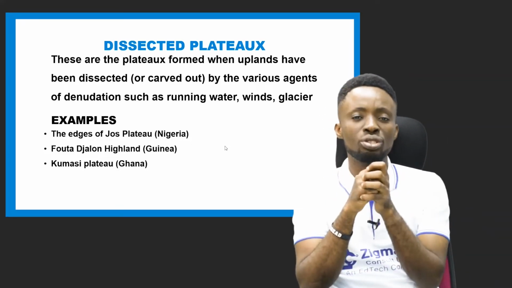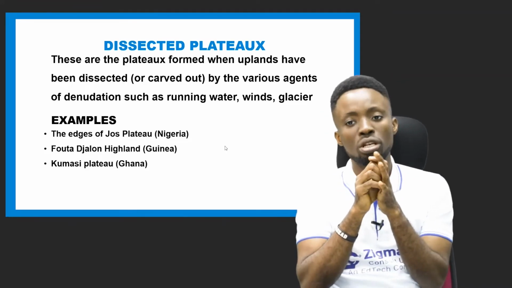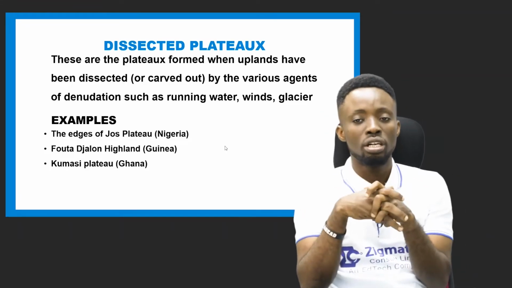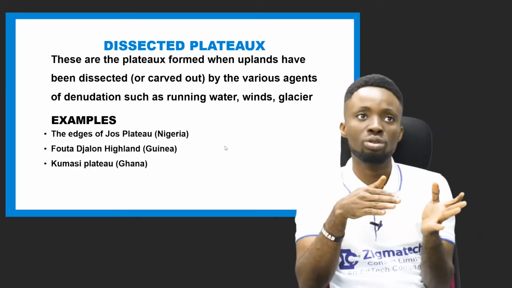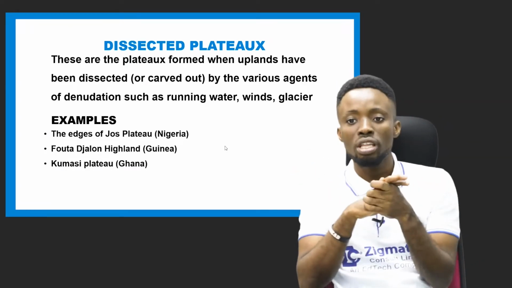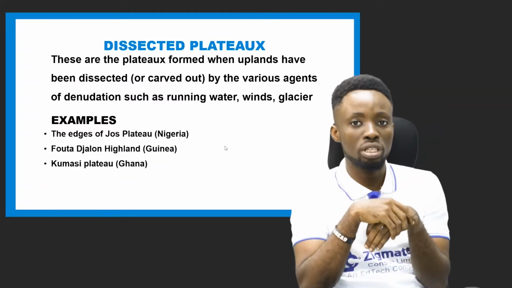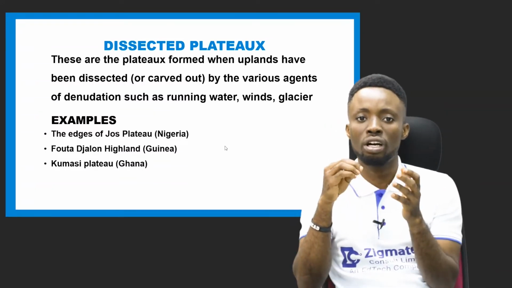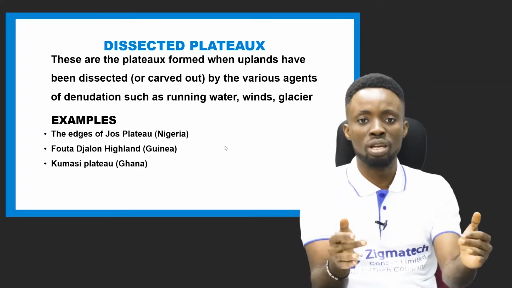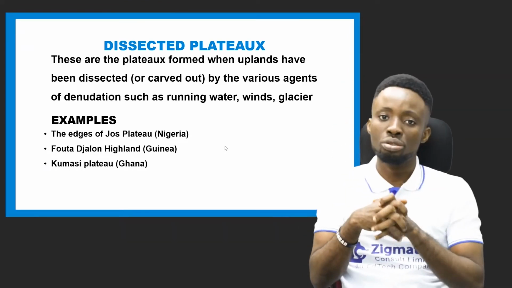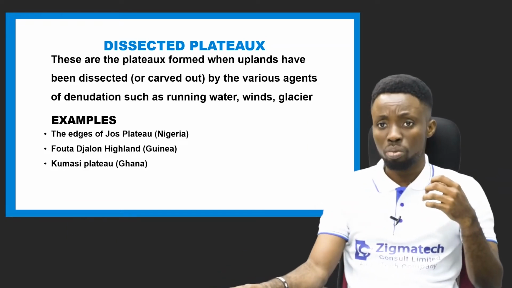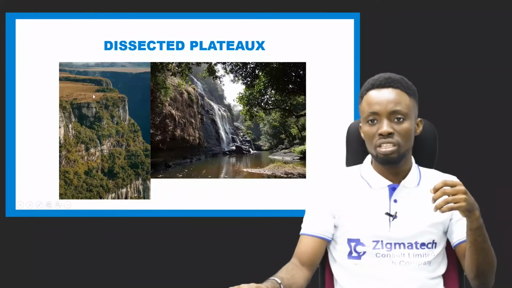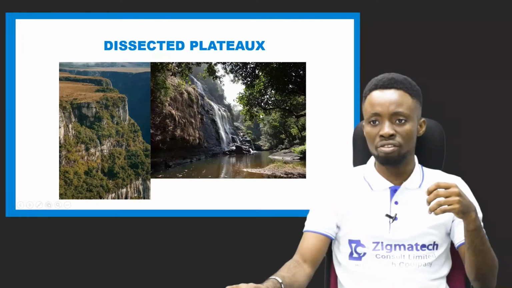And examples of these dissected plateaux include the Futajalon Highland of Guinea, which supplies River Niger and River Benue with its source of water. Then we have the Kumasi Plateau in Ghana. Then we have the extreme edges of Jos Plateau in Plateau State. So these are some examples of a dissected plateau. As you can see, this is a plateau that is carved out here.